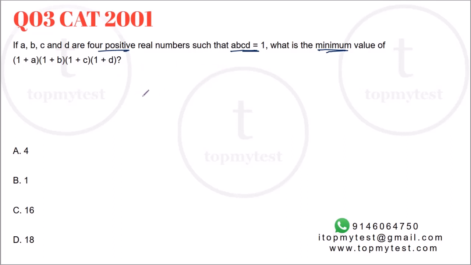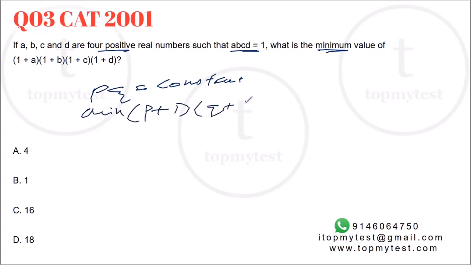Let's take just 2 numbers, P into Q equals a constant. I need to minimize (P + 1)(Q + 1). I need to add 1 to each value, and I need to minimize this. If I expand this, I'll get 1 + P + Q + PQ.